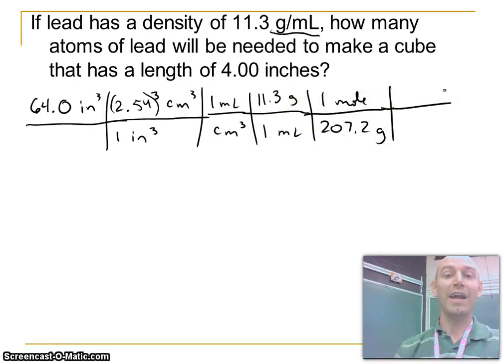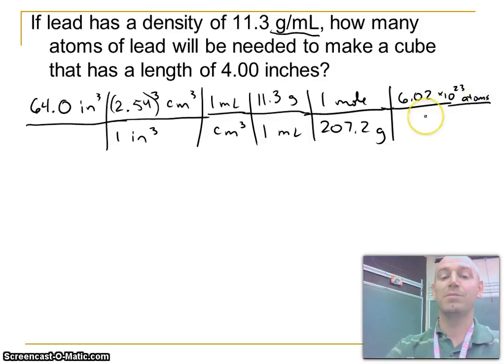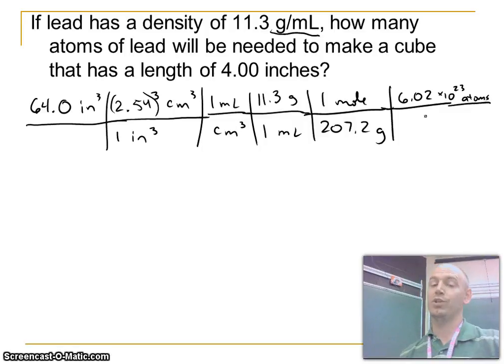And then finally, to get to atoms, I'm going to use Avogadro's number, 6.02 times 10 to the 23rd atoms. And again, the reason that the representative particle is atoms is because lead is an element. If it were a compound, we would use molecule, or if it were an ionic compound, we'd use formula unit.